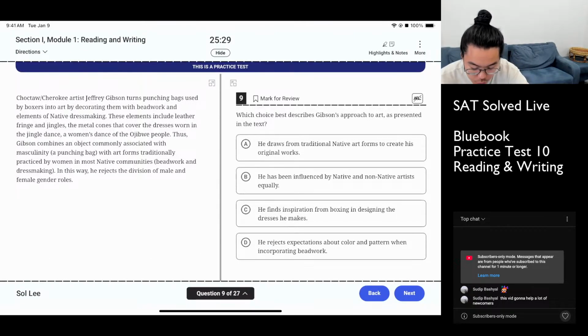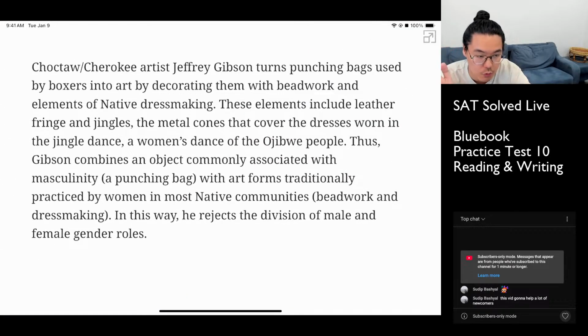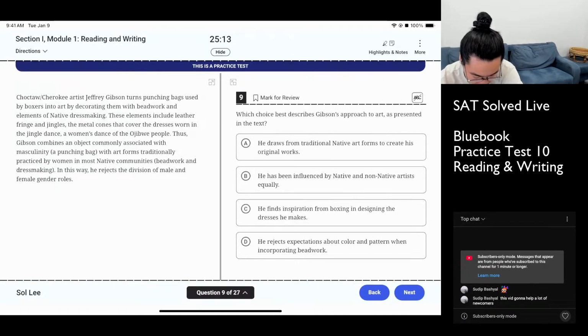Okay, gender roles. Which choice best describes his approach to art? His approach to art is by breaking down gender roles and fusing visual cues from both sides into one piece of art. Okay, he draws from. That's true. Okay, that was not what I was thinking, but yeah, that's true.